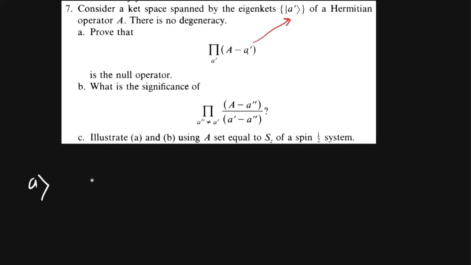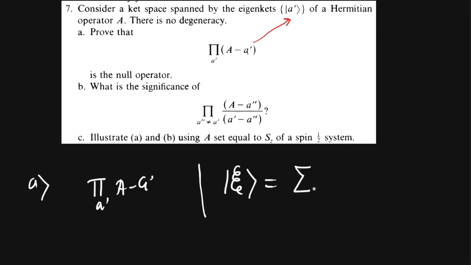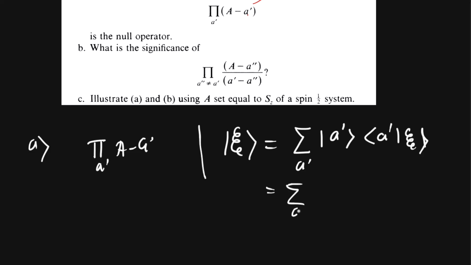This is the operator A - a'. Suppose an arbitrary ket |ξ>, and this |ξ> can be rewritten in terms of the eigenkets of this Hermitian operator A. That will be the sum over a' of c_a'|a'>.